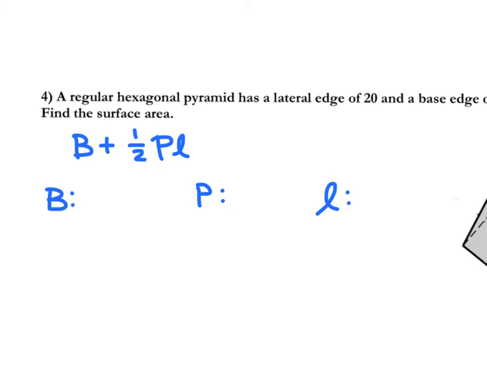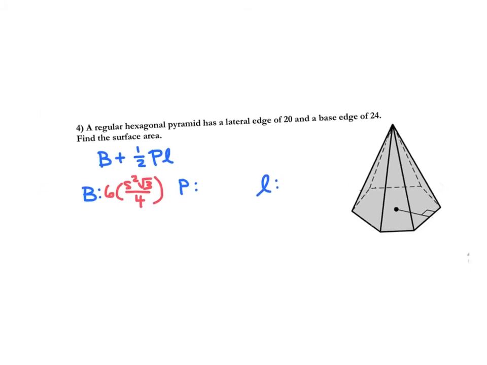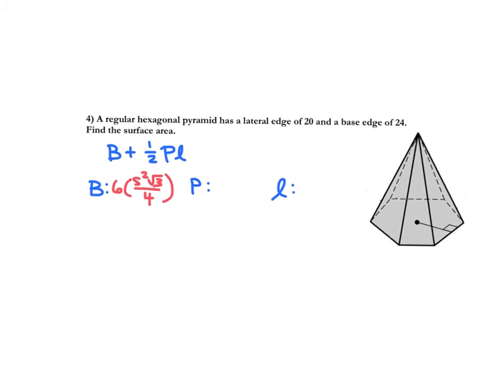The base area is going to be 6 times s squared root 3 over 4. That's the area of a hexagon, guys. Now, as you can see, it has a base edge of 24.